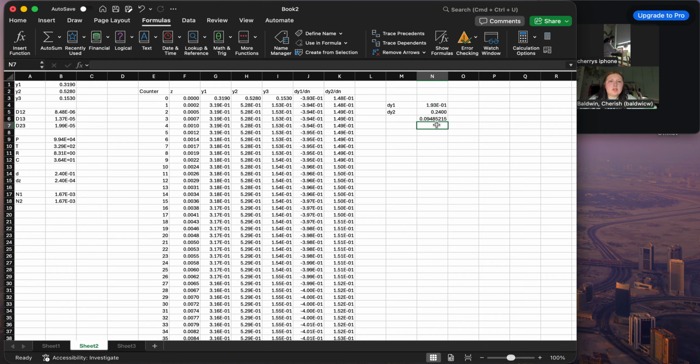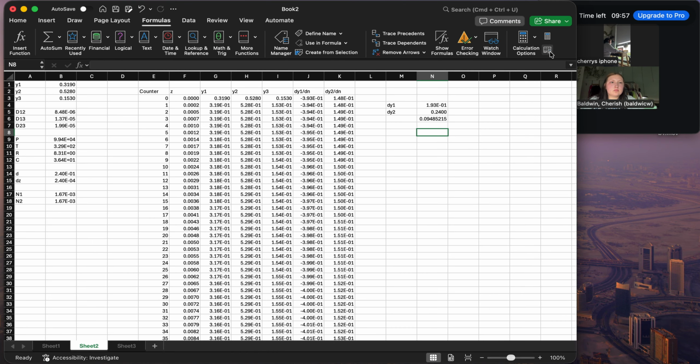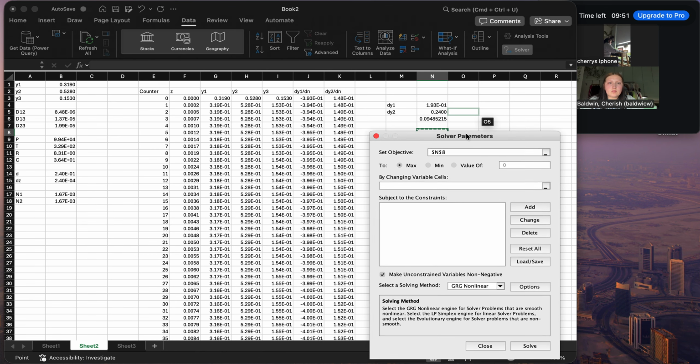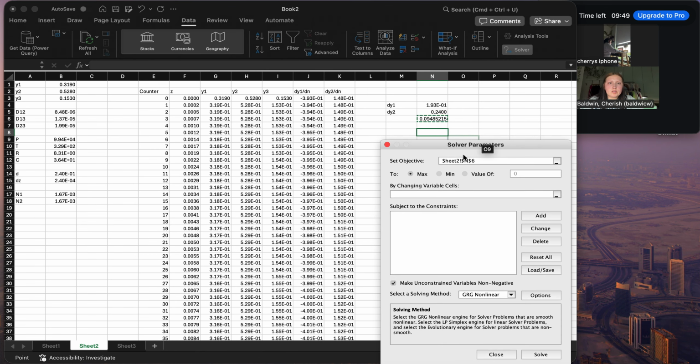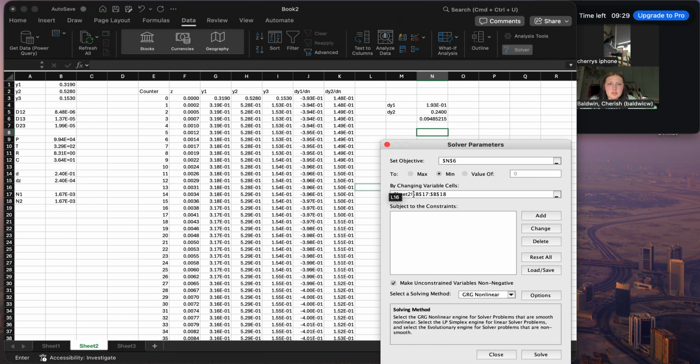And we need this value to be as close to 0 as possible. So now we are going to use the solver for this. And we need to find the minimum of it, and we need to change these values to get that close to 0.